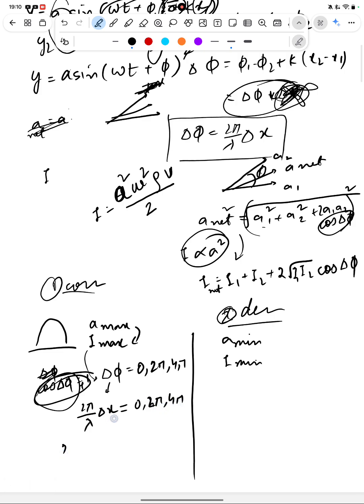So this results in delta x equal to 0, lambda, 2 lambda. Similarly, for destructive we get phi to be pi, 3 pi, 5 pi, and delta x to be lambda by 2, 3 lambda by 2, etc.